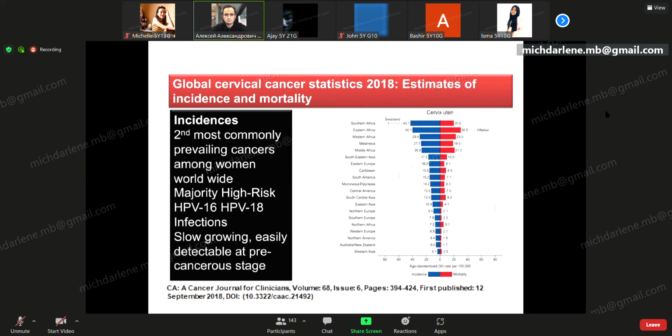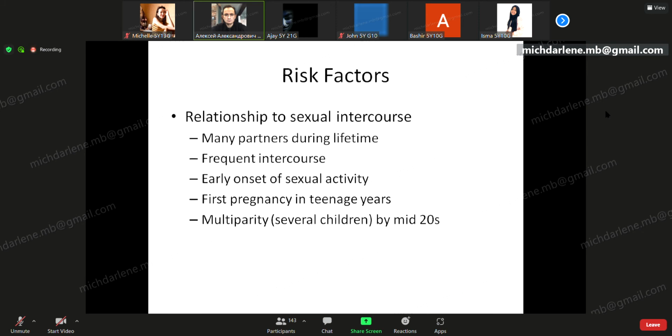Why, guys? Why? It is about 10 times different, Western Asia and Africa. We're going to explain it. We have serious risk factors for cancer of the cervix. It really has a serious relationship with sexual intercourse.